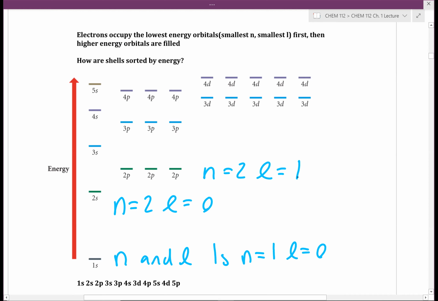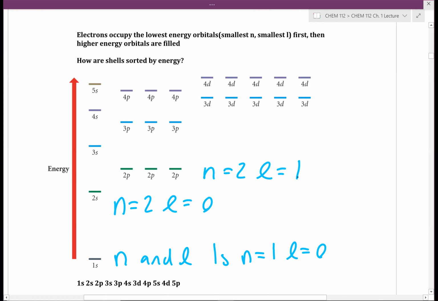Okay. So as a general trend, what do we notice happens as we increase n? Does our energy go up or down? Up, right? Orbital energy increases as n increases. What about for l? As we increase l, what happens to our orbital energy? Does it go up or down? Up, exactly.